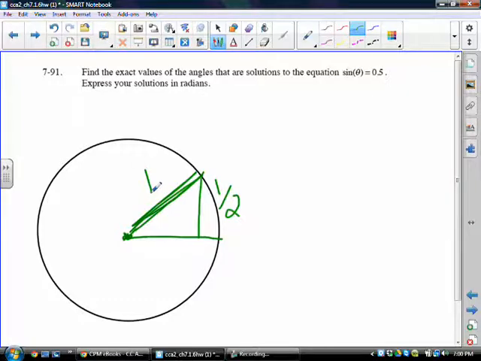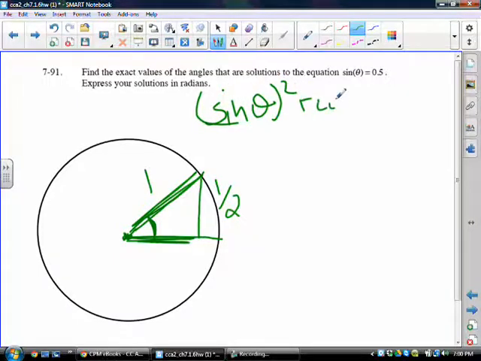So what we want to know is what is this angle, and what is it in radians. What first might be helpful is to figure out how much this side is. Let's use our Pythagorean identity, which is sine of theta squared plus cosine of theta squared equals 1.